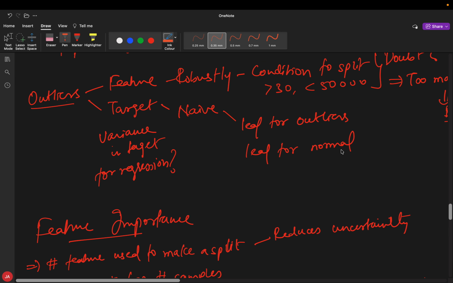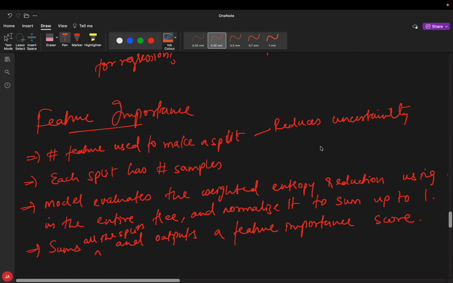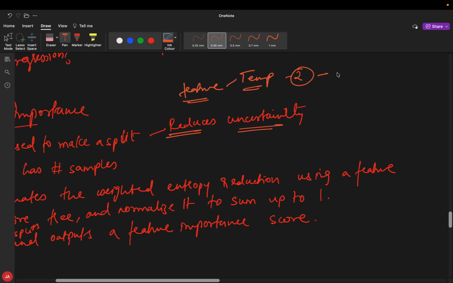Feature importance, we can also get feature importance out of decision trees. How do we get it? A feature used to make a split that causes a reduction in uncertainty means that feature is important. Let's say I use the temperature variable 2 times, and see how much my uncertainty was reduced for the target variable, which means this feature explains my target well because it has a higher number of splits.